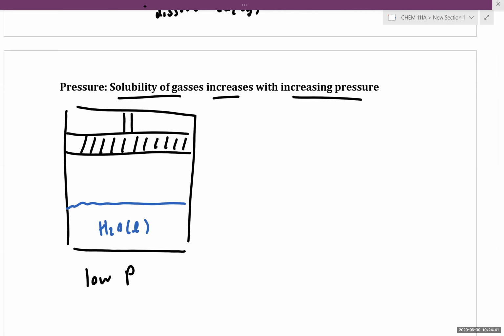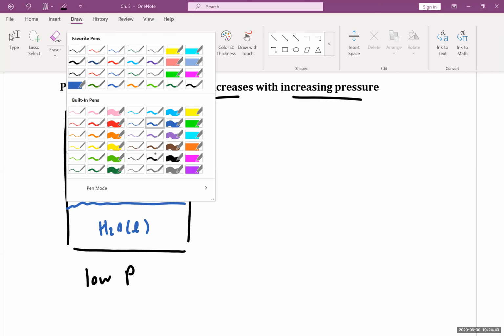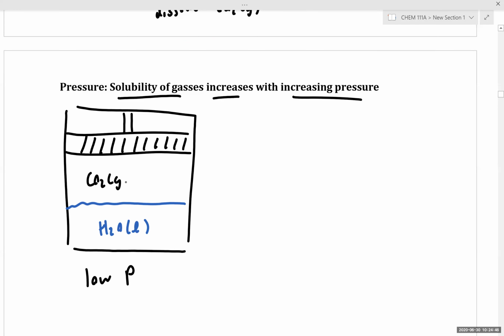Floating in the gas phase above our liquid is going to be some carbon dioxide gas. Now, the carbon dioxide can dissolve in water, or it can sit above the solution in the gas phase. So your carbon dioxide molecules are constantly leaving to the gas phase and entering the solution.